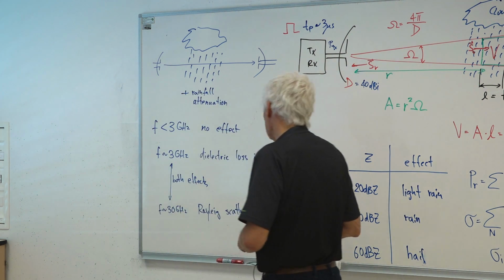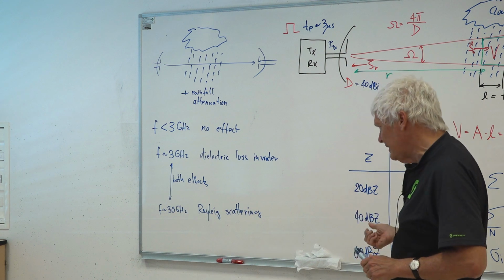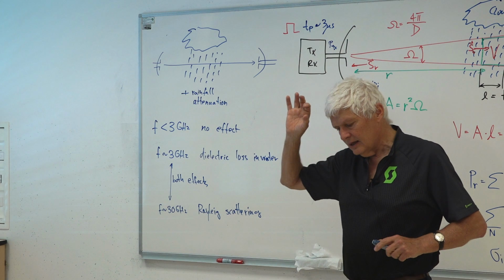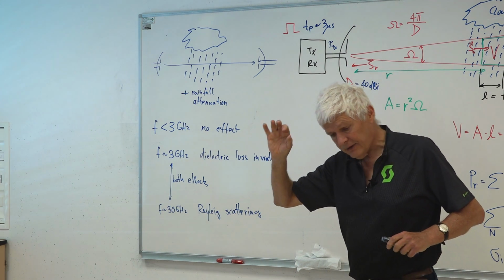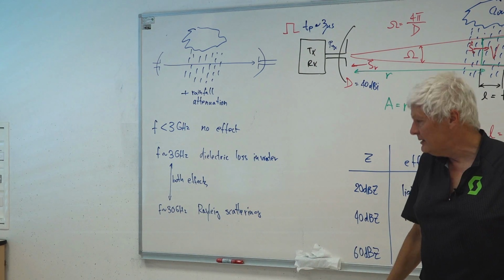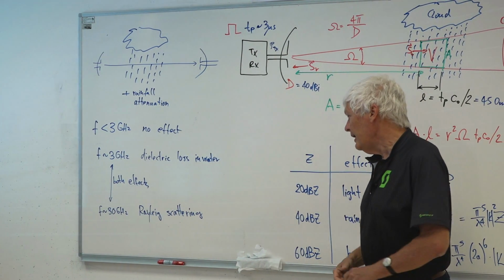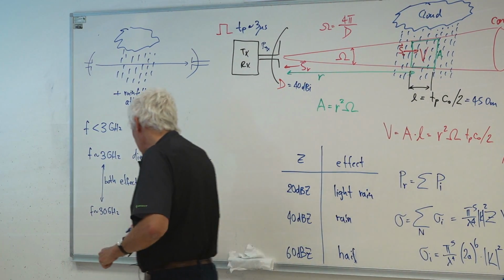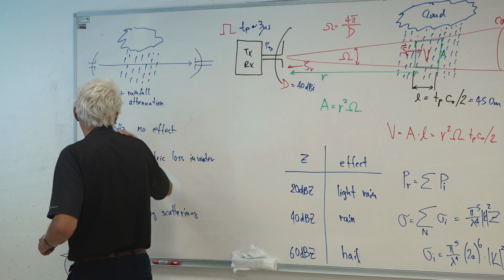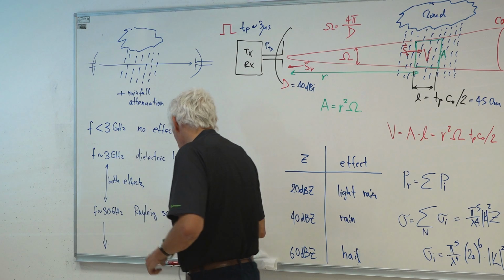Rayleigh scattering is, of course, a function of the raindrop size, while the dielectric loss of water is not a function of the water drop size. It's just a function of the quantity of water I have in a cubic meter of volume. And beyond here I have only Rayleigh. Well, up here I have almost no measurable effect.